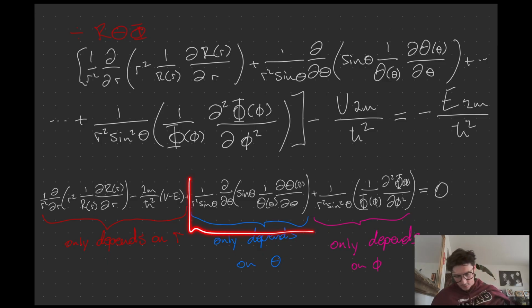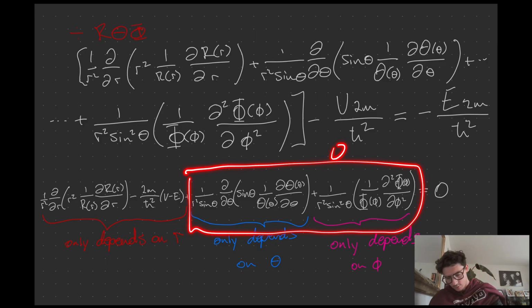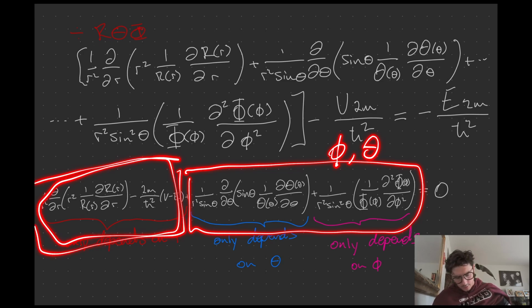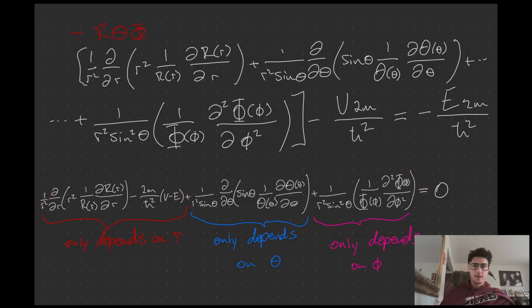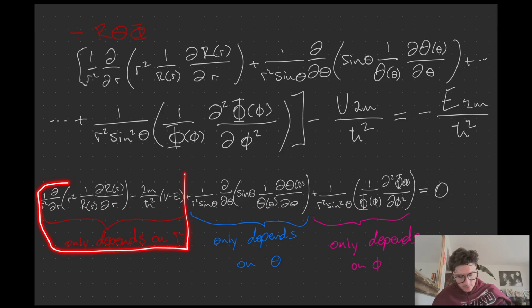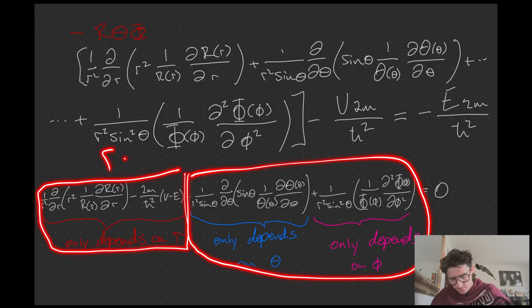So these parts only depend on phi and theta, while this part only depends on r. If that's the case, the problem here is separation of variables needs different sections that only depend on one variable. So what we have here is a split between something that depends on r and some big chunk that depends on theta and phi.